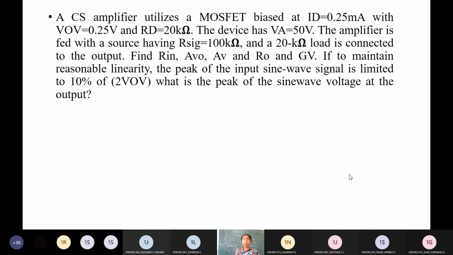So 20K parallel with 200K parallel with 20K again. Minus 19.04. Yes, exactly. Minus 19.04 volts per volt. So this is Gv, which is also equal to the overall gain.